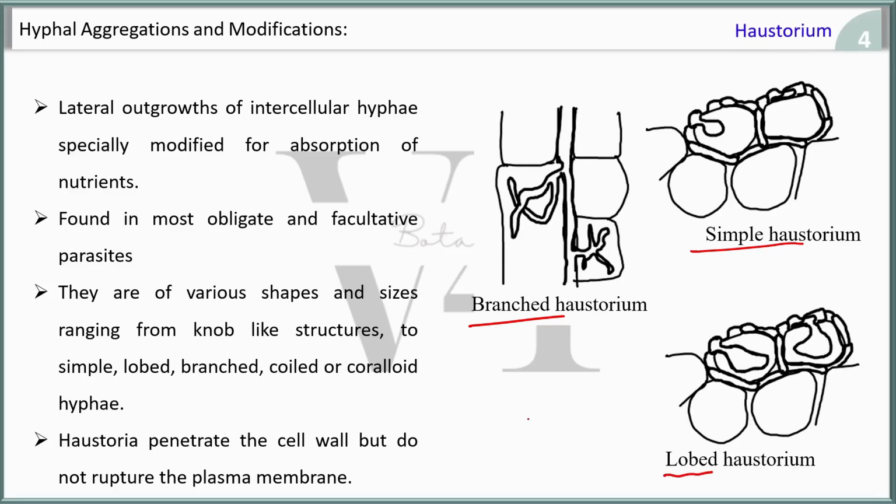If you compare a normal hypha and this modified hypha, the Haustorium, the surface area is large. If the surface area is large, it can absorb more nutrients as compared to a normal hypha.